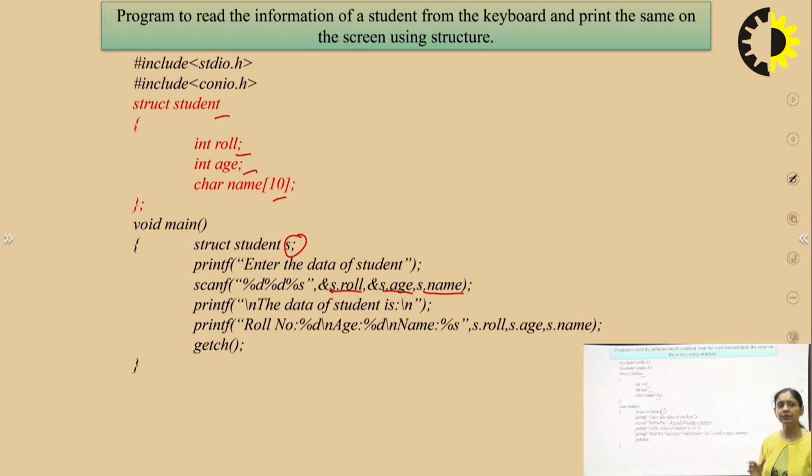So that will input the roll number, age and name for the student S. Now when you are displaying the data, again we have to use the dot operator and display the roll number as s.roll, the age as s.age and name as s.name. So whatever values you are inputting, those values will be inputted with the structure name along with the member of the structure. Both the things need to be there. Both are joined using the dot operator.